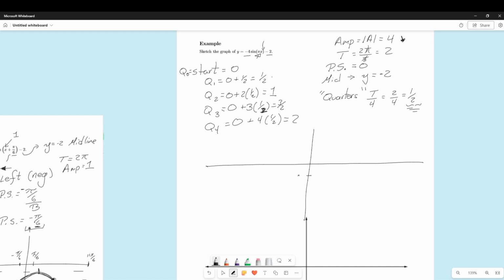So at -2, that's our midline. Then we're going to go amplitude of 4, so up 4 to +2, down 4 to -6, and our function is going to oscillate between those two lines, centered at -2.